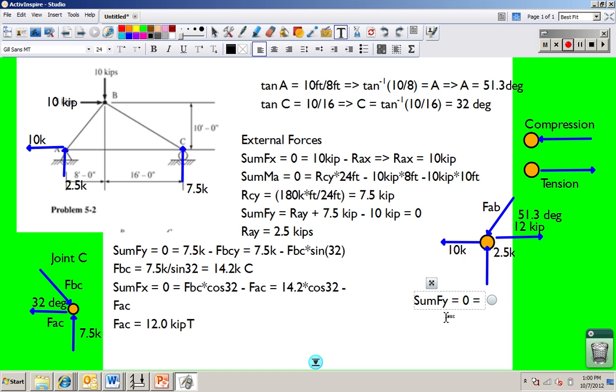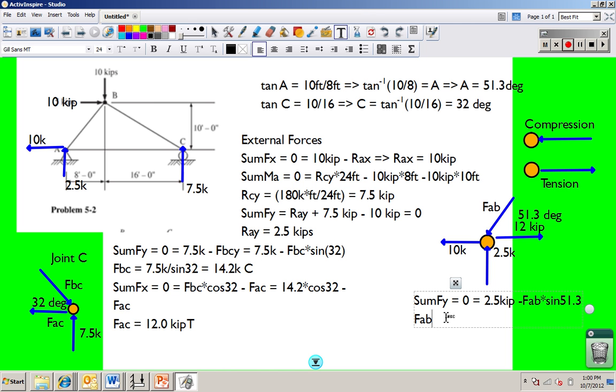So we have 2.5 kips minus FAB sine 51.3 degrees, and that is going to be equal to 0.